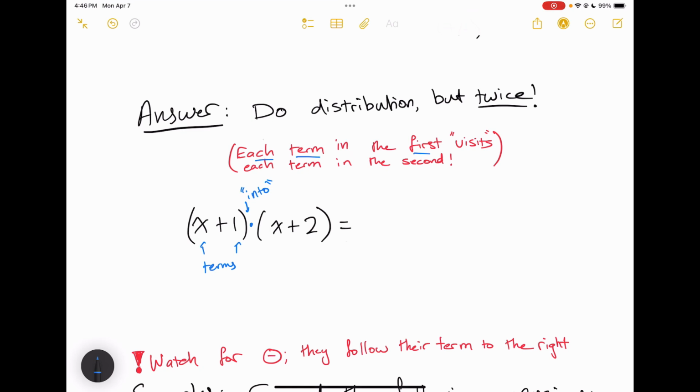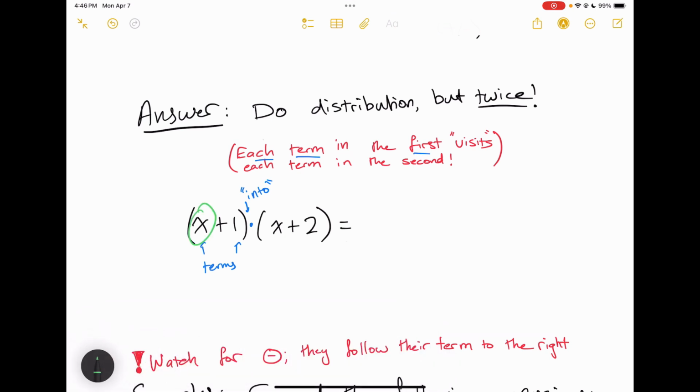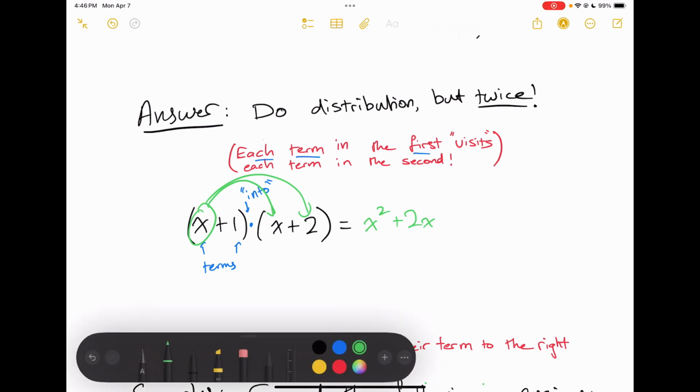The first time for the first term, which in this case is going to be X. So let's do that. X is now going to visit each term in the second binomial, indicated by the arrows right here. X times X is X squared, and then X times 2 is now plus 2X.